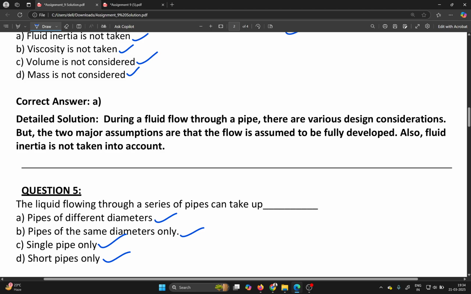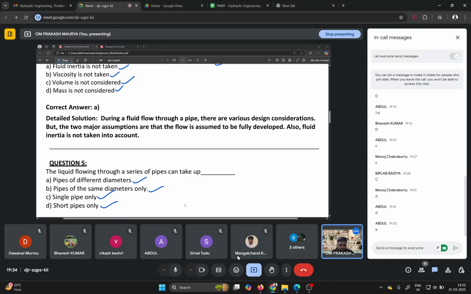If you want to make a series of pipes, which type do you need to select? Any type of diameter you can select, or single pipe, short pipe, or only same diameter pipe. This is the question.